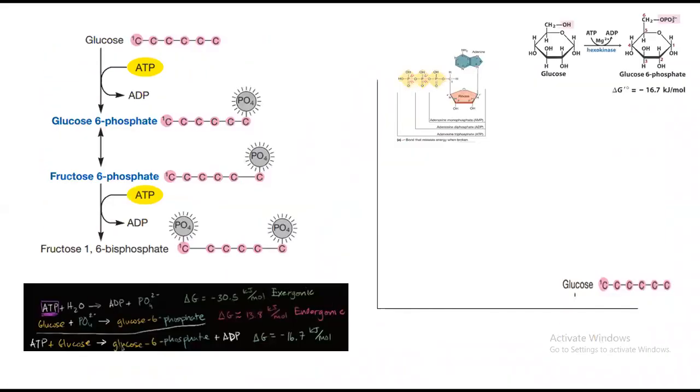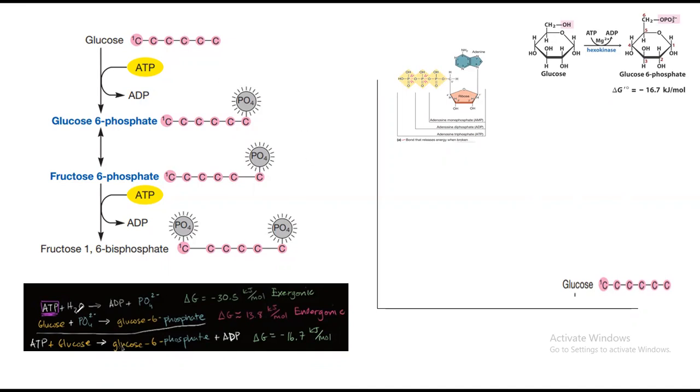Now I will proceed further and show you how ATP dissipates its energy. You are now clear about the phosphate transfer potential. Here is a glucose and it is converted into glucose 6 phosphate, and this phosphate is provided by the ATP.